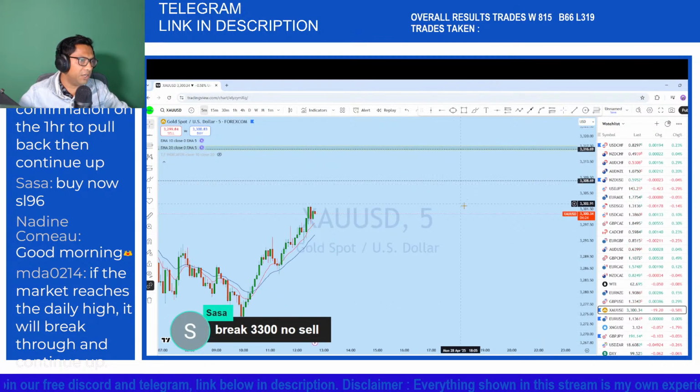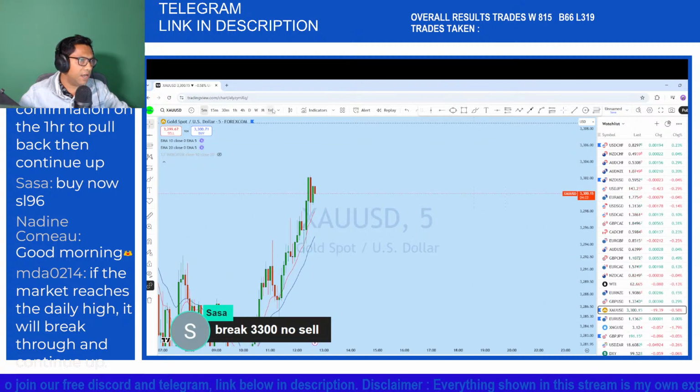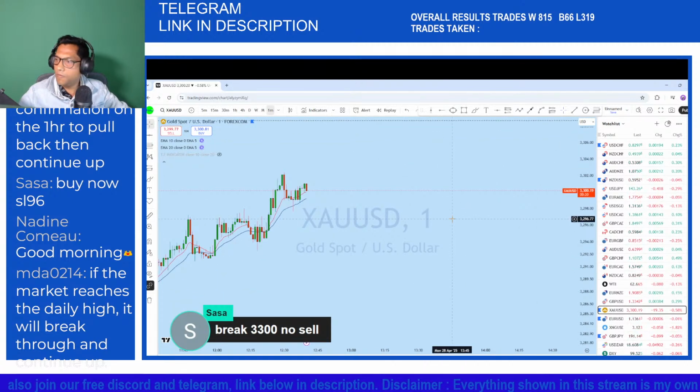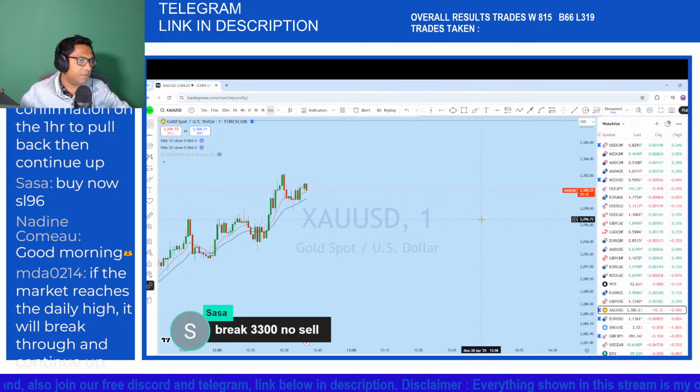So looking at the 5 minutes, there's a narrow candle formation here.